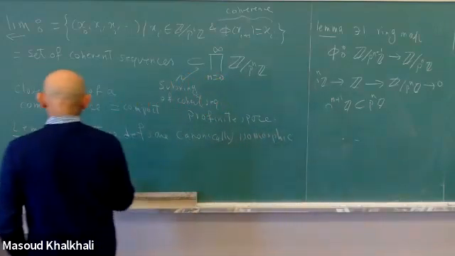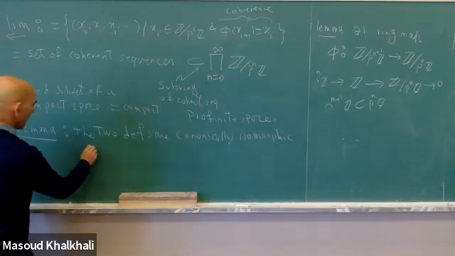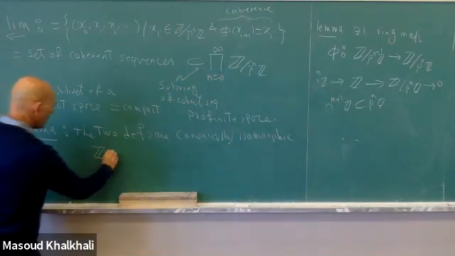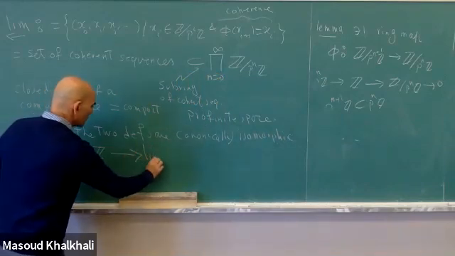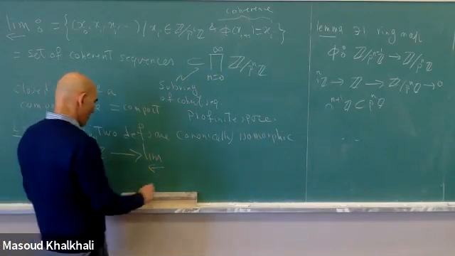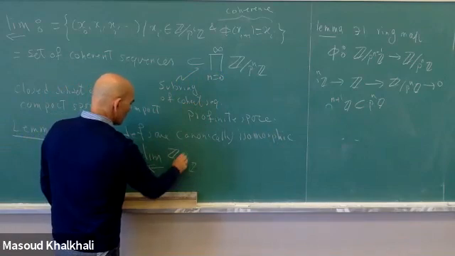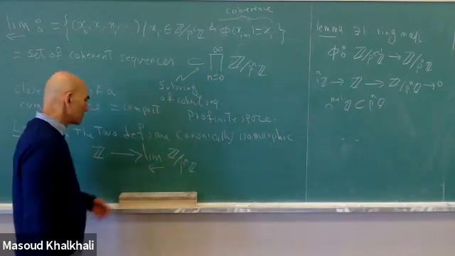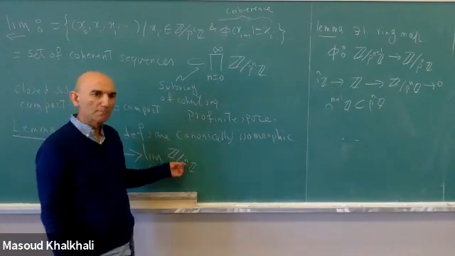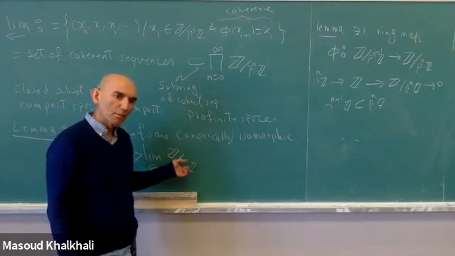So basically, from Z, you can define a map into the inverse limit of Z over p^n Z. You can look at these mod p^n maps.